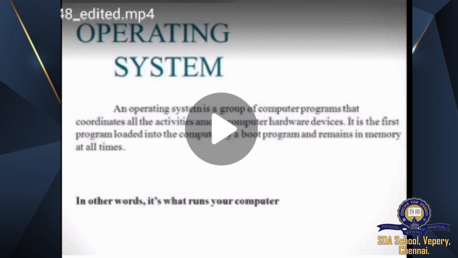MS-DOS was the first operating system developed by the Microsoft company in 1969. So these are the important operating systems that we need to learn in this lesson.